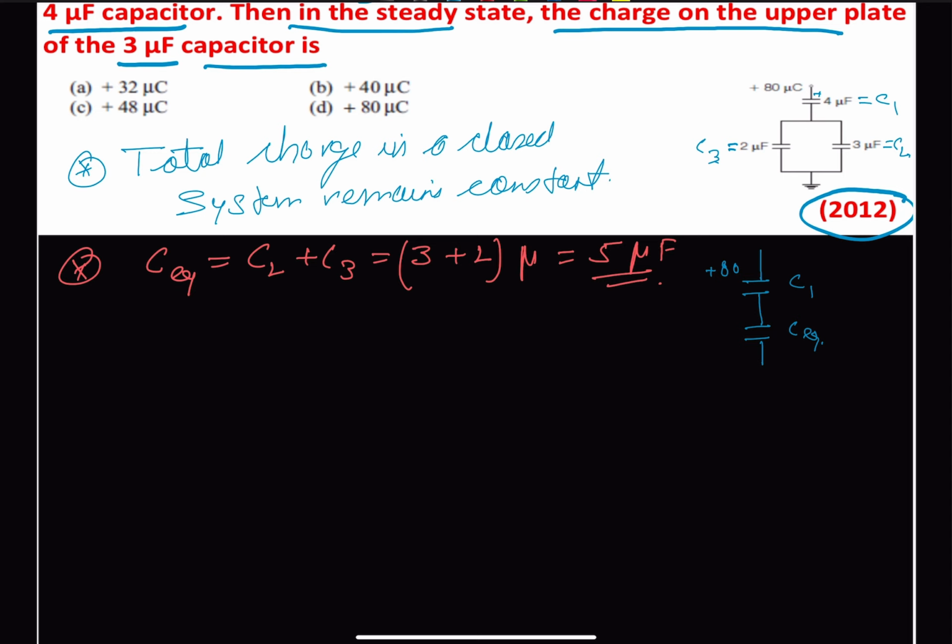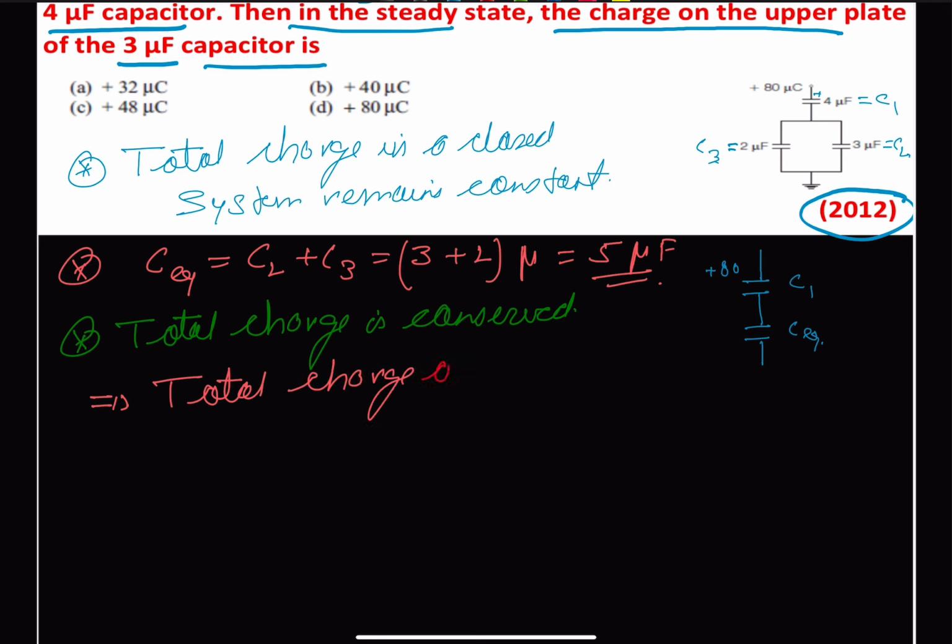Since total charge is conserved, the total charge on the parallel combination will be equal to plus 80 microcoulomb.